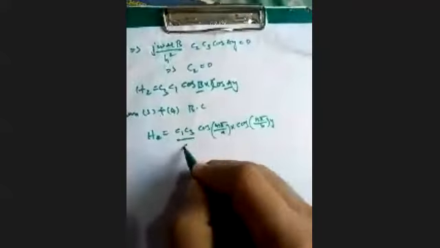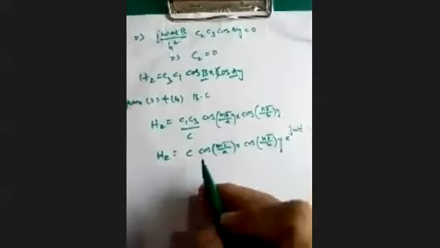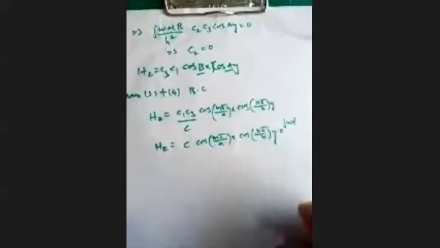Making this a single constant and introducing time variation, I can write Hz equals c into cos of m pi by a into x into cos of n pi by b into y into e power j omega t. Now we have the value of Hz. I need the final expressions of Ex, Ey, Hx, and Hy. So we have Ex equals what?